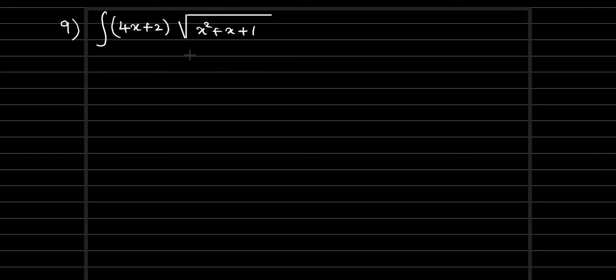So like the 7th and 8th ones, how did we do it? Inside the square root term, we took it as t. Because this 4x plus 2, we can't multiply inside. So this square root term, I am going to assign as t.